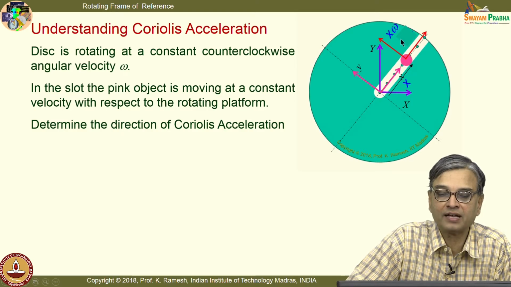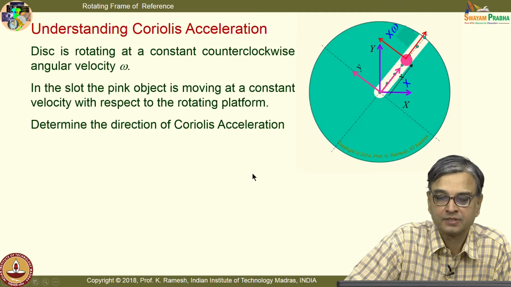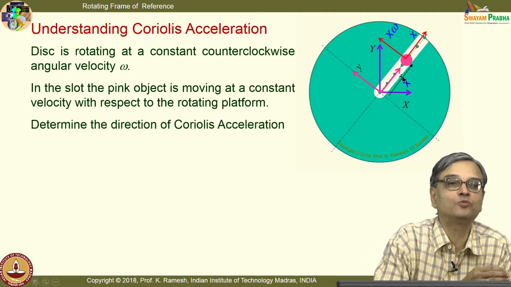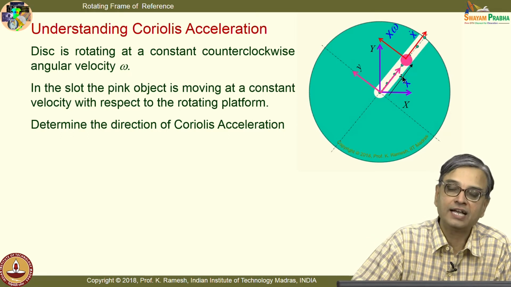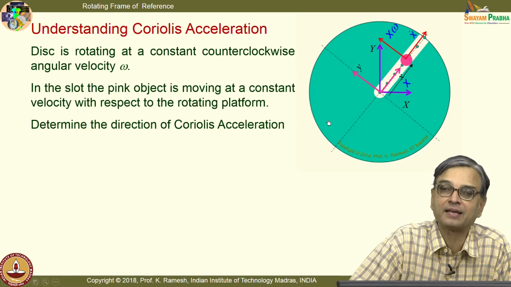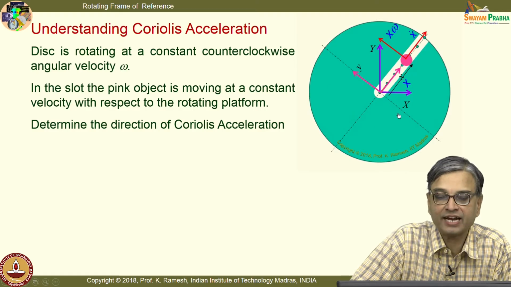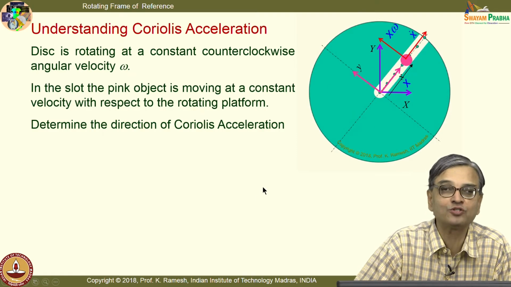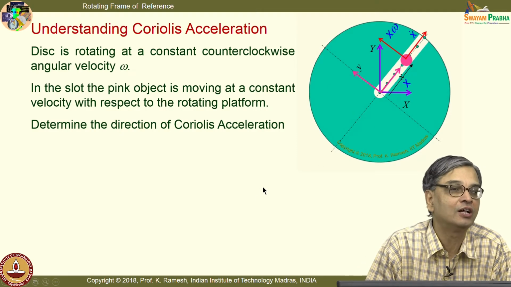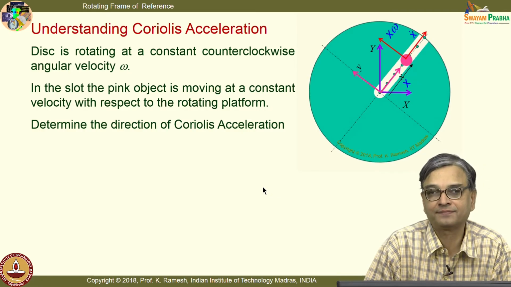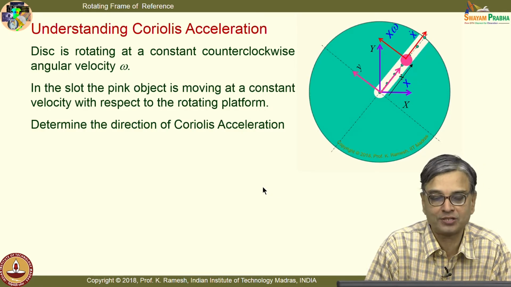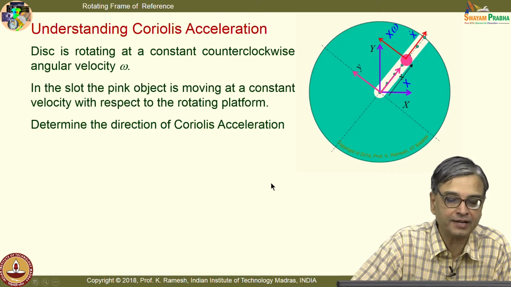So, r omega is the velocity because the platform is rotating, and x dot is the velocity as the particle is moving in the slot. I am going to repeat this animation several times. In each slide you will first see this animation. The idea is to get a clear idea of what is happening to the particle.